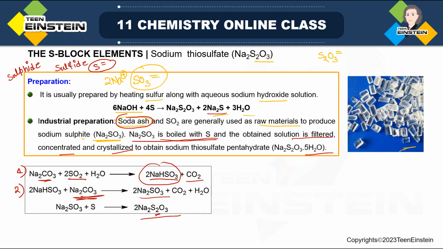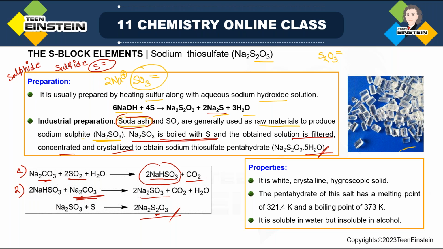Okay. So here these 5 water molecules are not written in the formula, but ultimately it is in water medium. When you are filtering it, concentrating it and crystallizing it from water medium, obviously 5 water molecules will be associated, and ultimately the formula is Na2S2O3·5H2O.